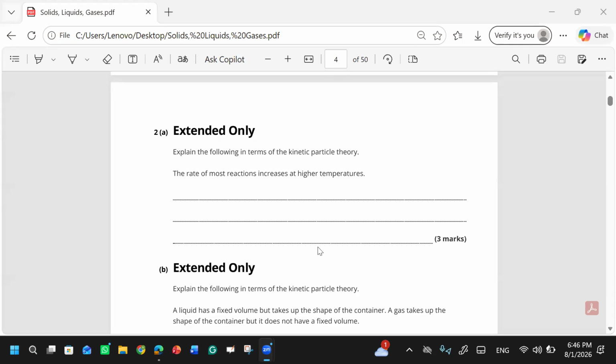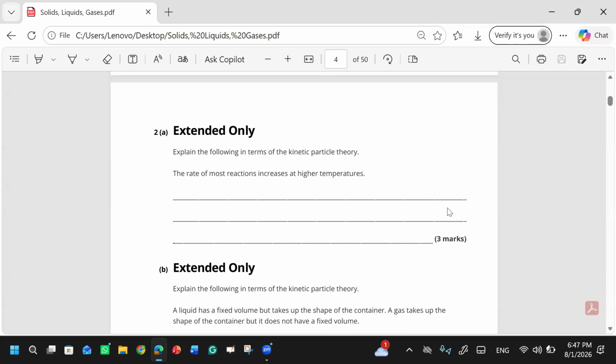Because at high temperatures, when the particles get heated, they gain more kinetic energy and move faster, and the particles will collide more frequently and faster. This leads to more collisions.